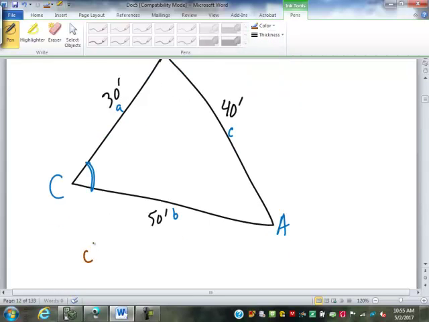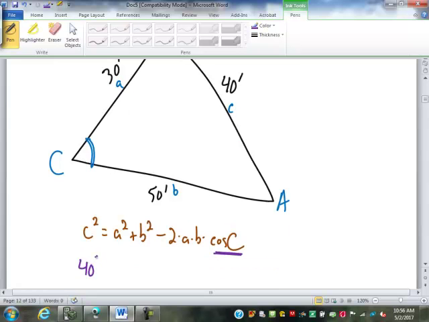C squared is equal to A squared plus B squared minus 2 times A times B times the cosine of angle C. Now the difference is the piece that I don't know is angle C. But I still put inside: C is 40, squared. A is 30, squared. B is 50, squared. Minus 2 times 30 times 50 times the cosine of C.